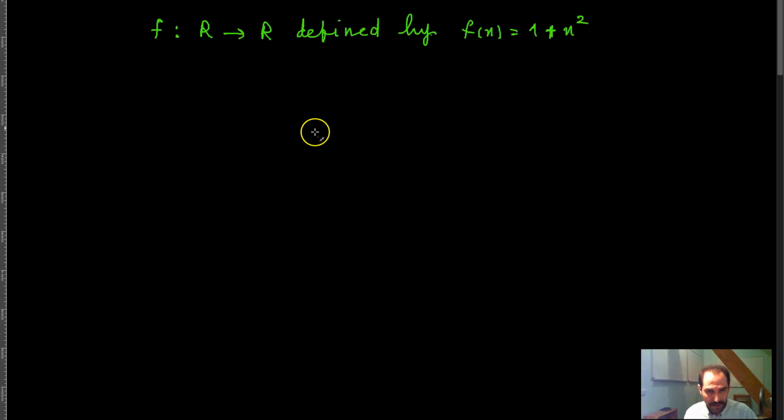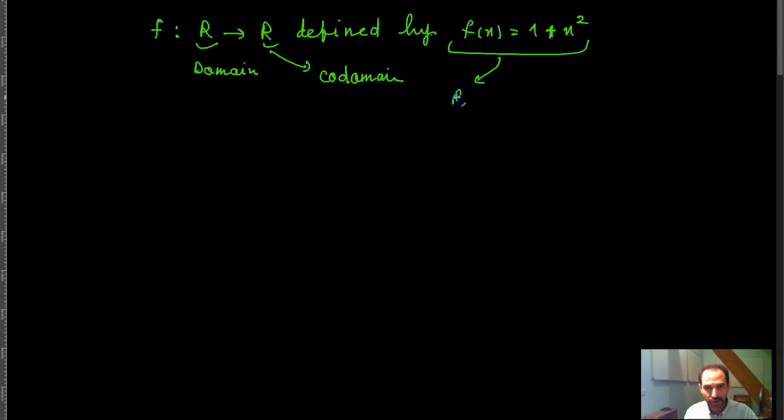So what this function is helping you with is that you have some domain here and you have some codomain here. And based on this rule, you also have some range here. Sometimes this range and this codomain become the same thing, sometimes not.